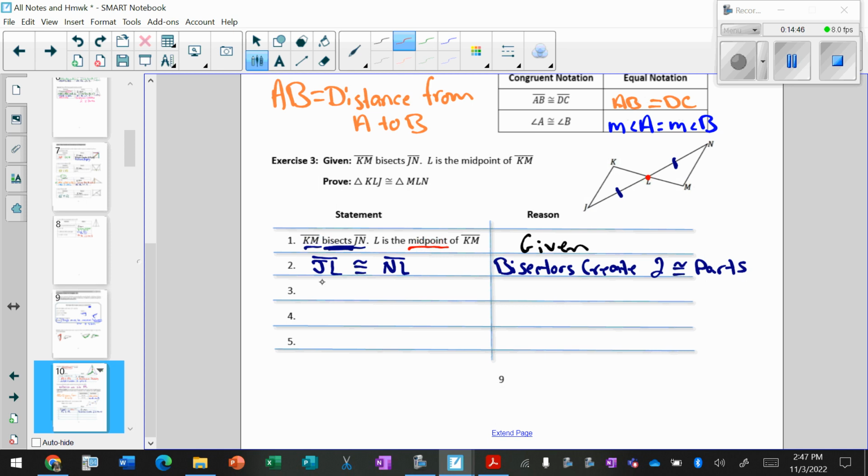Well, if L is the midpoint, then from K to L is the same as from M to L, because a midpoint creates two congruent segments. That would put KL the same length as ML.